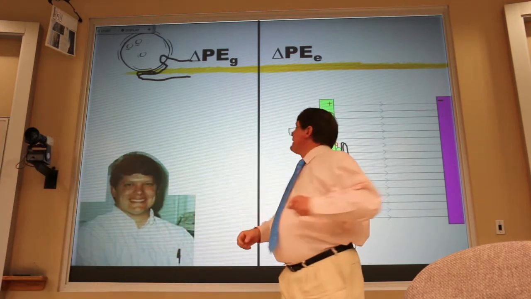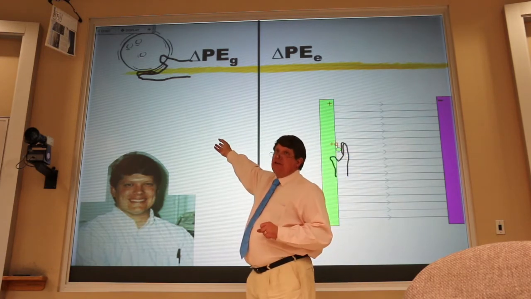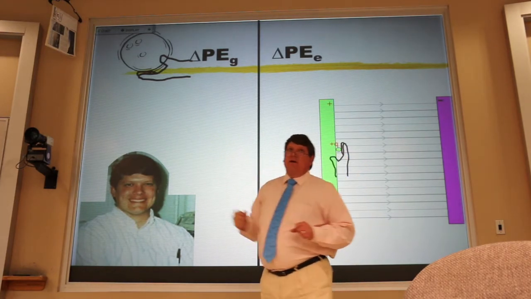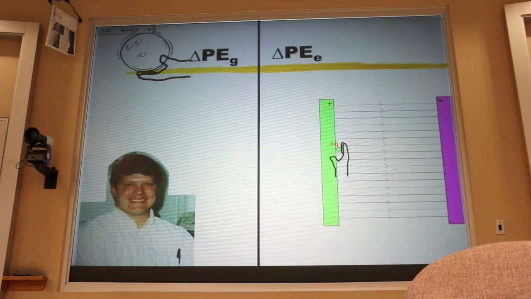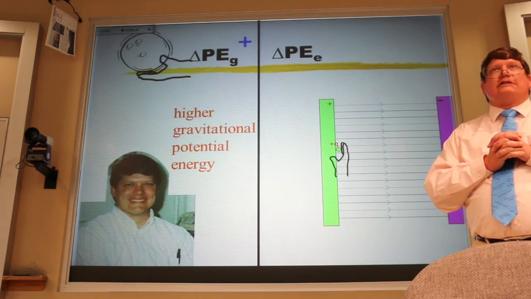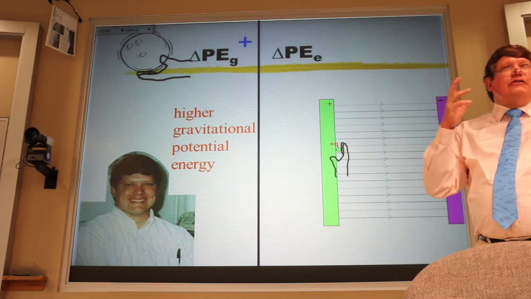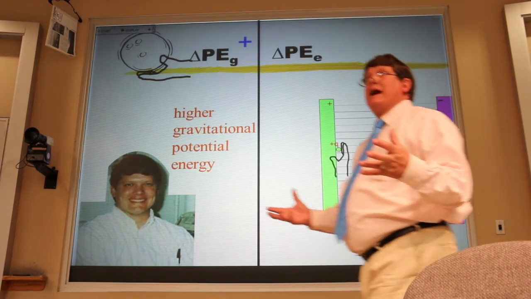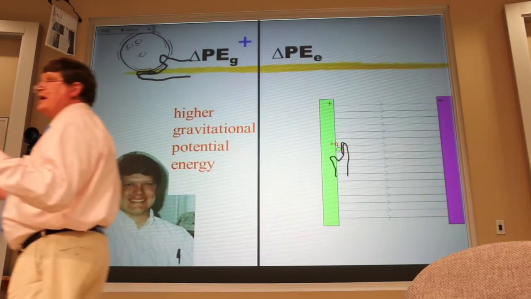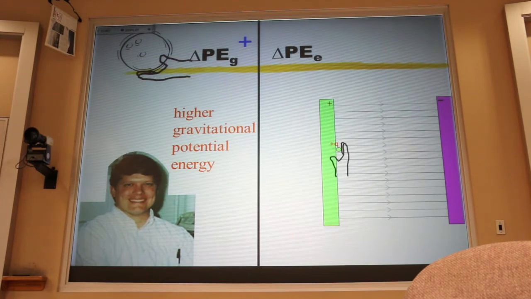I'm sorry, in this case it would be gravitational energy, right? Okay, now, what that positive change means is I move to a region of higher gravitational potential energy. When the change in your bank account is positive, you do the happy dance. That's a positive change. It got bigger, it got fuller, okay, the bank account.